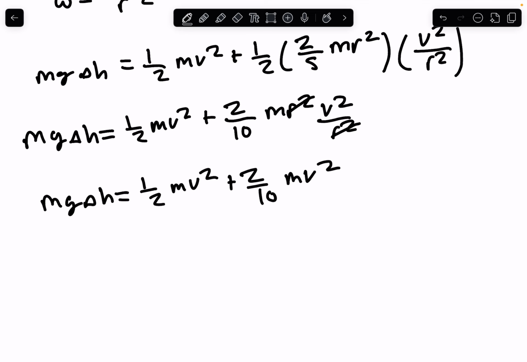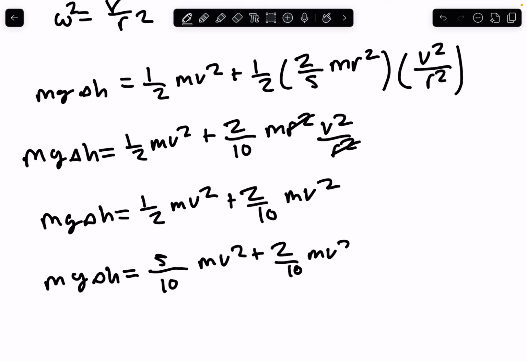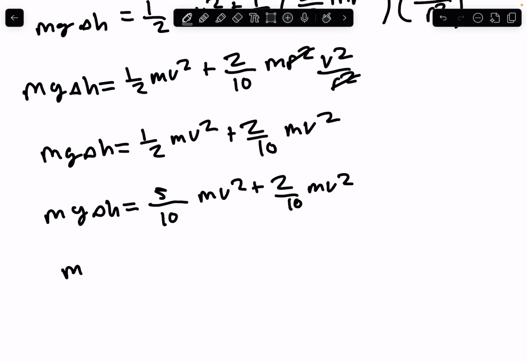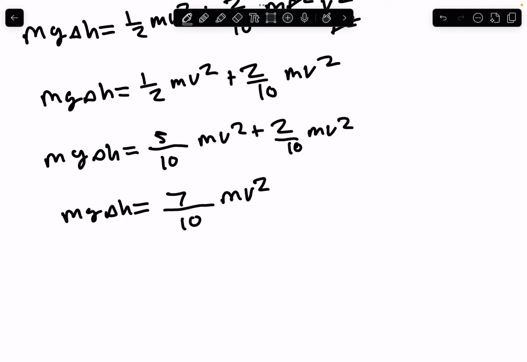So we need to have a common denominator here. So we have to multiply this by 5 on top and bottom. So it's going to be mg delta h, still the same, equals 5 over 10 mv squared plus 2 over 10 mv squared. So if we add, mg delta h equals 7 over 10 mv squared. And now, of course, we need to rearrange for the linear velocity.